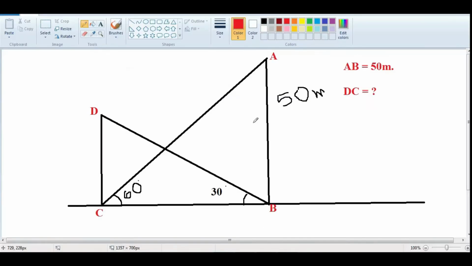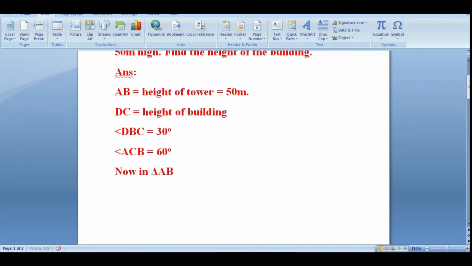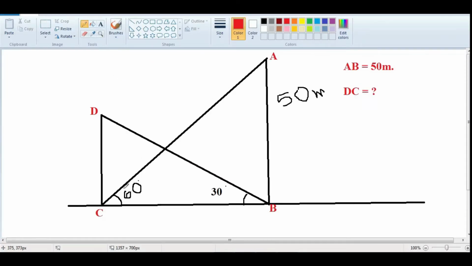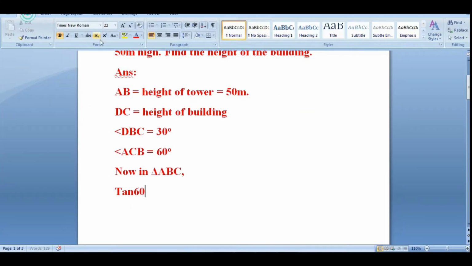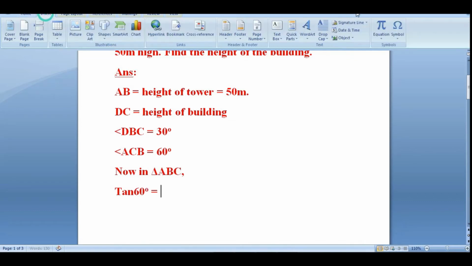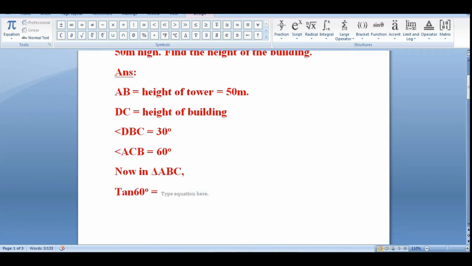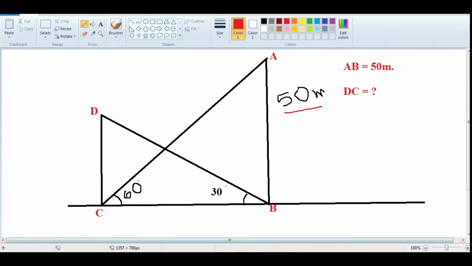Now in triangle ABC, tan 60 degree is how much? Perpendicular by base. So that's our perpendicular and the base is unknown. We have to find the base. So the perpendicular is AB and the base is BC.